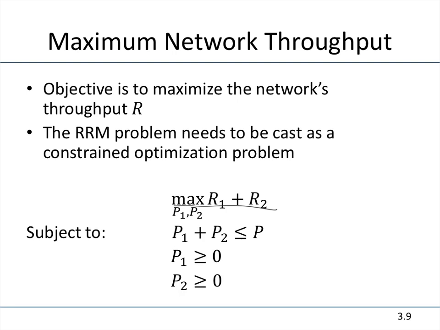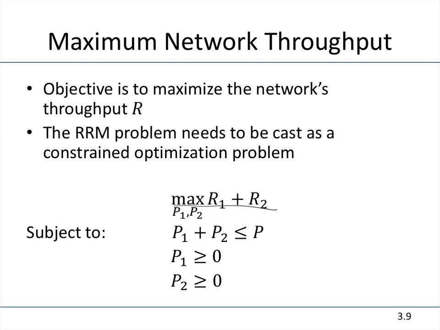But maximizing the aggregate or the summation of R1 plus R2 is good from the users' perspective, right? So the users are getting aggregate rates, and that means that the vendor or the service provider is happy because the aggregate rate is good, right? But we'll see that there is some issue with this.